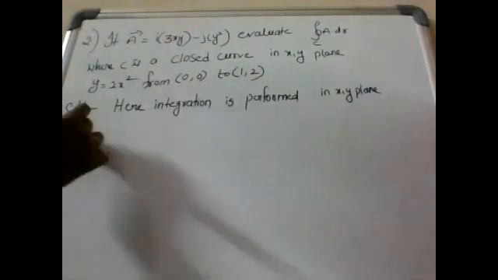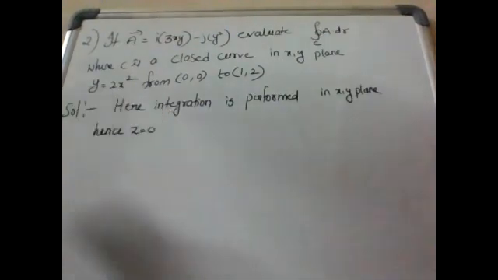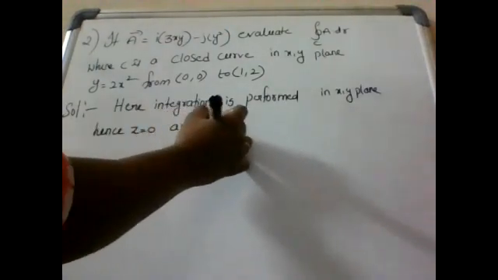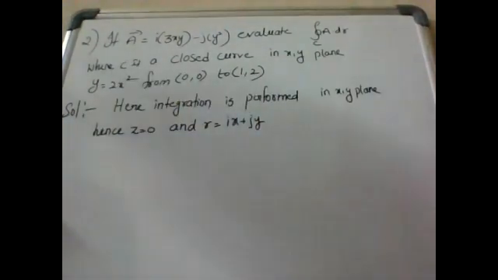Okay, hence z equal to 0, and r bar equal to I into x plus j into y. Here integration is only in xy plane, that means z equal to 0, then position vector r bar equal to I into x plus j into y only.